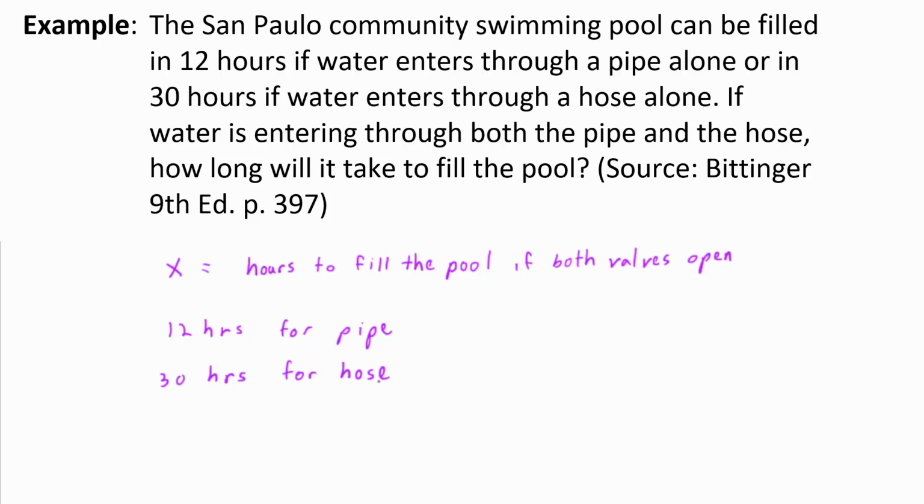In order to make it an addition problem, we have to find out how fast, per unit of time type of fast, the individuals are working, in this case, the pipe and the hose. And then we can make it an addition problem. So bear with me here while I write some of this down.